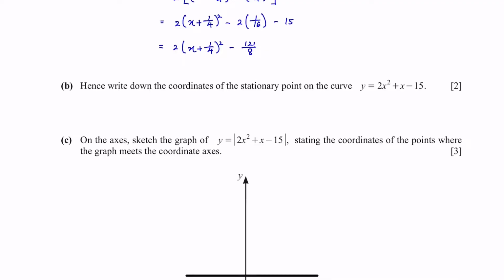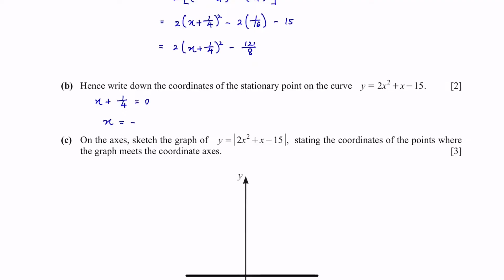Part B, hence write down the coordinates of the stationary point on the curve. So after completing the square, we can easily find the stationary point using this part over here and this part. So first we take the x plus 1 over 4 and we equate it to 0.